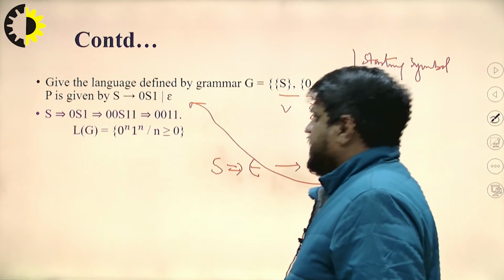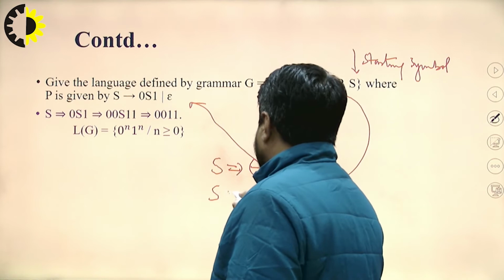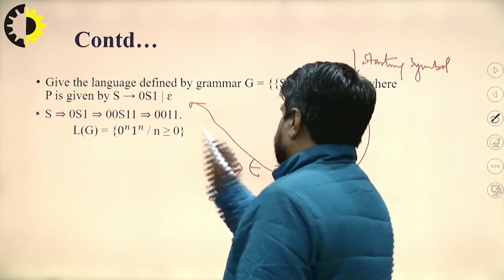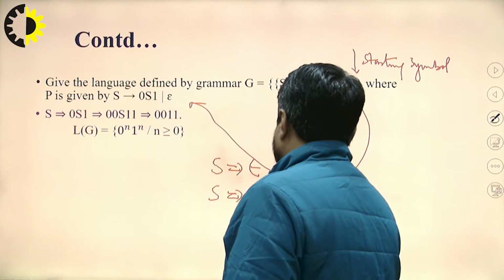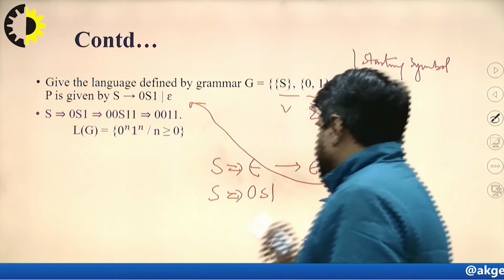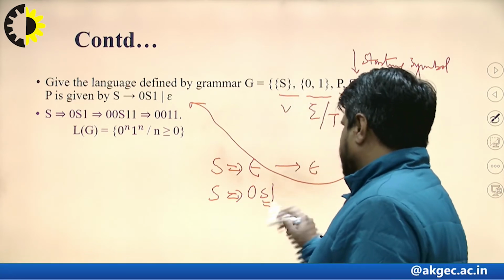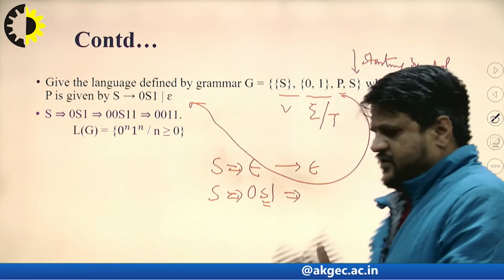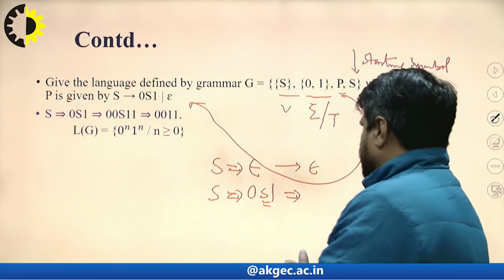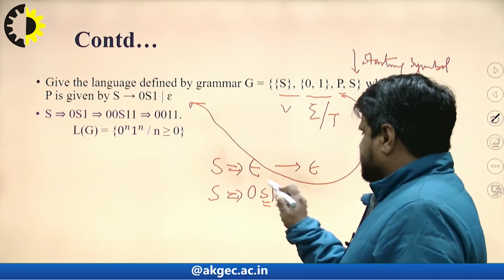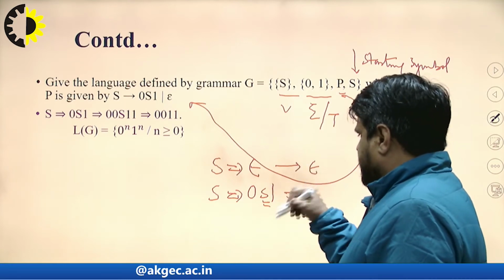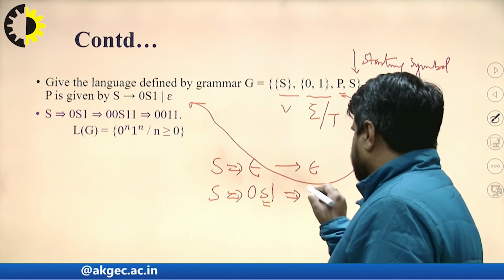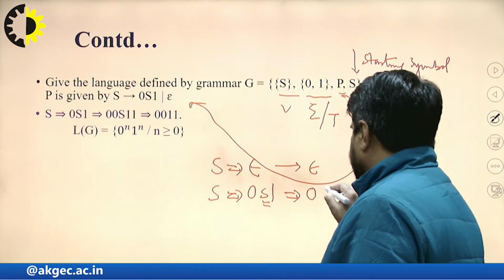If S derives 0 S 1, after that this S gets replaced by epsilon in the second step, because S is a non-terminal. So replacement of a non-terminal in the derivation is possible. So if this S is replaced by epsilon, then you will get 0 1.